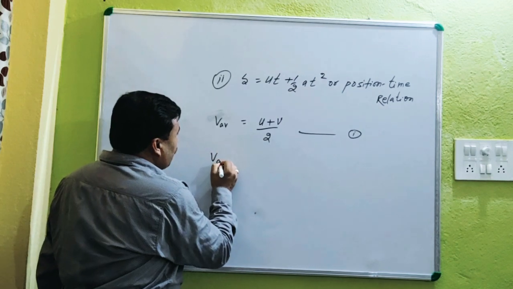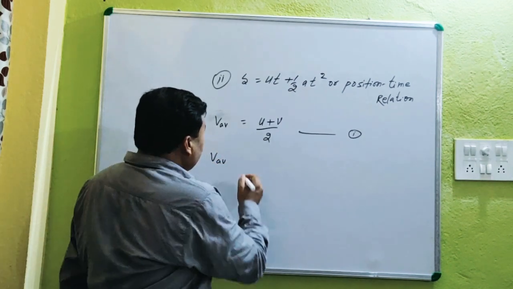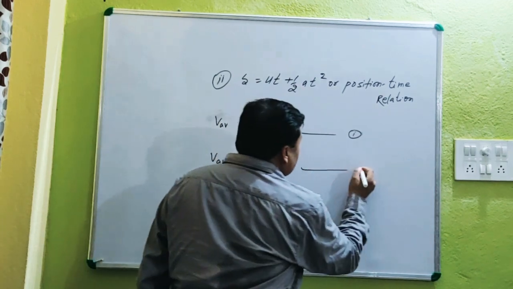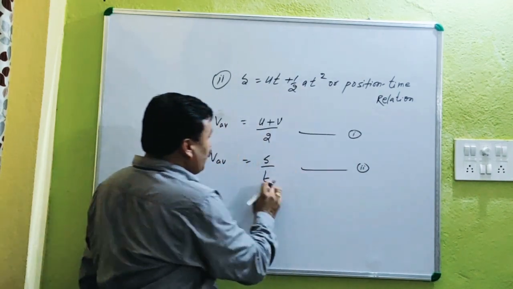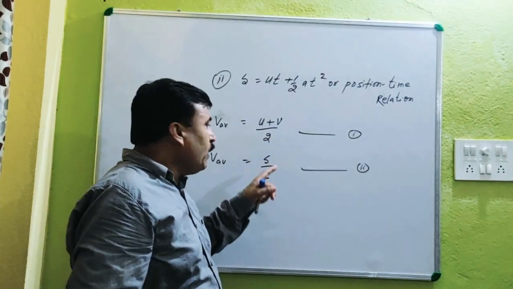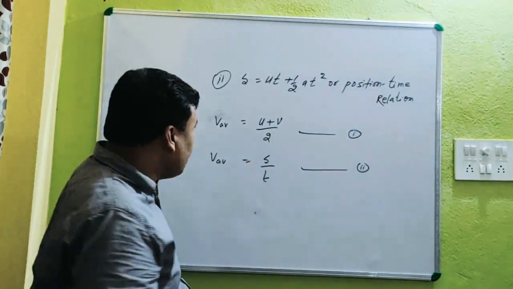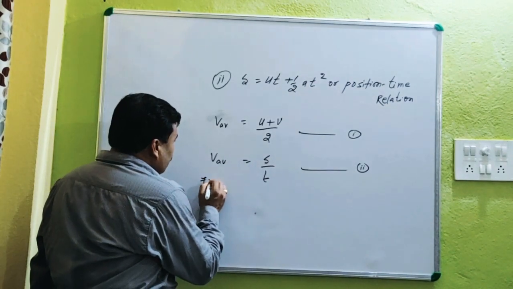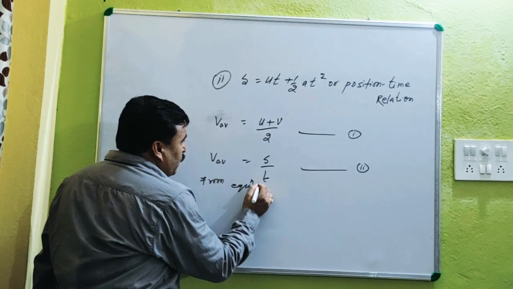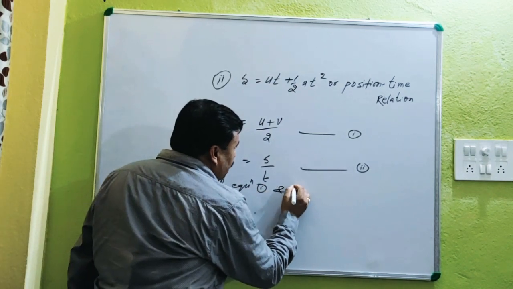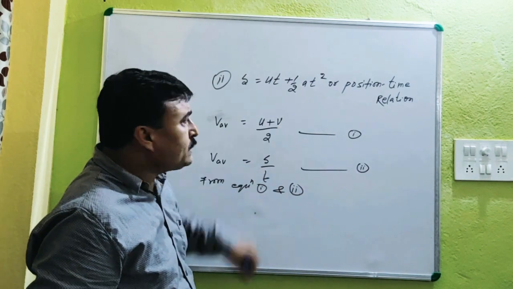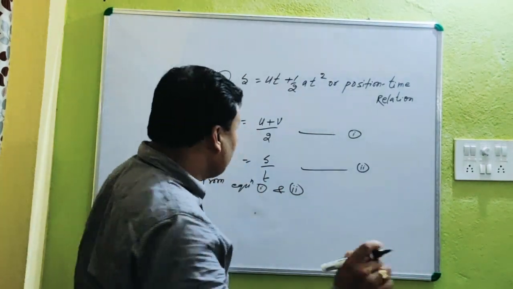For the general case, V_av equal to s by t, that is distance per unit time, or magnitude of displacement by time. So students, from equations 1 and 2, the left side is the same, so the right side must be the same.